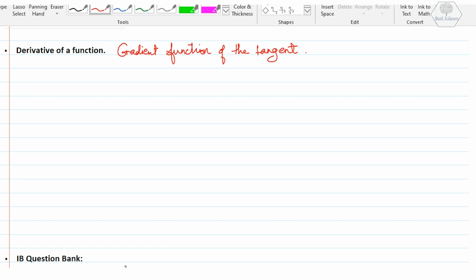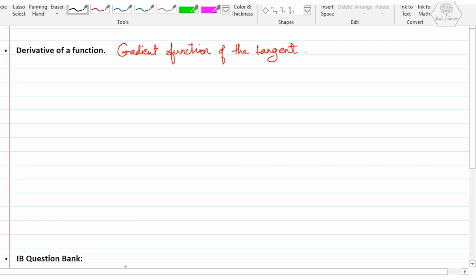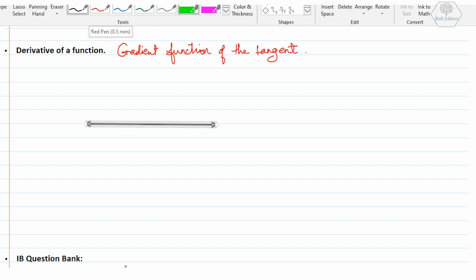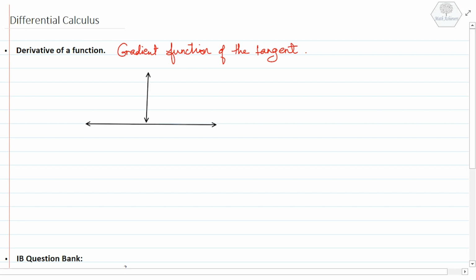Let's have a curve, so you can understand the meaning of the first derivative of a function, or the derivative of the function.